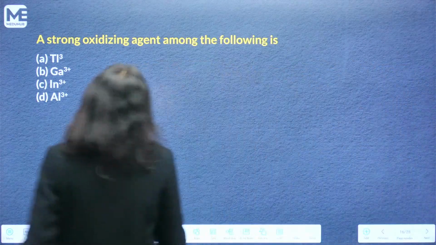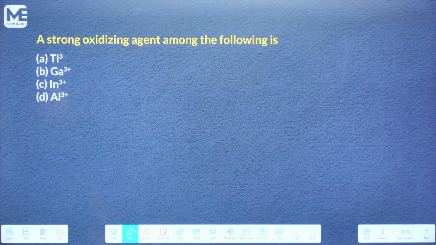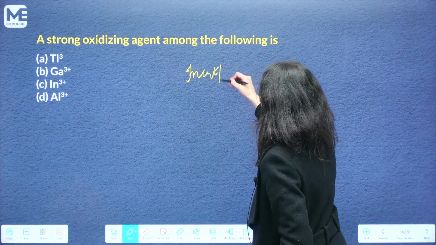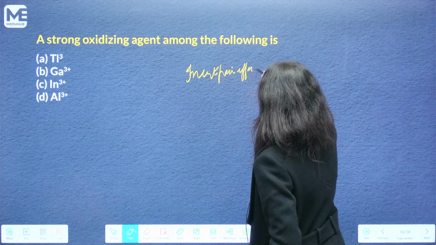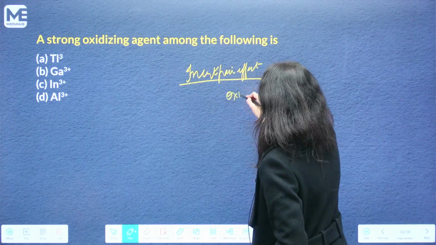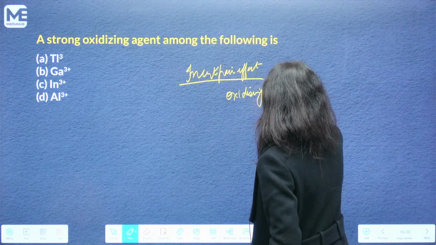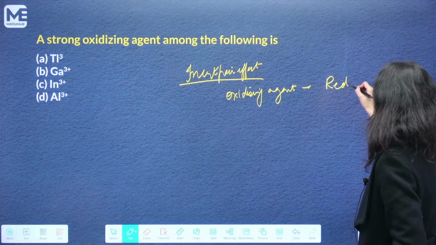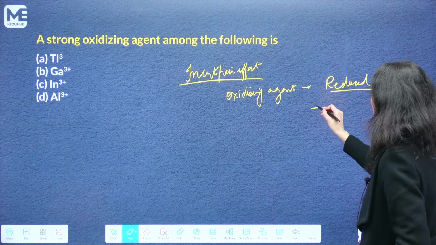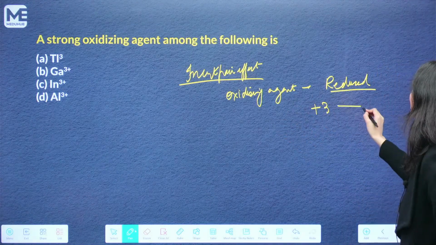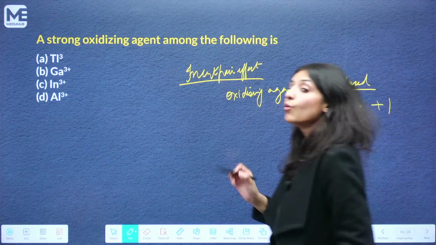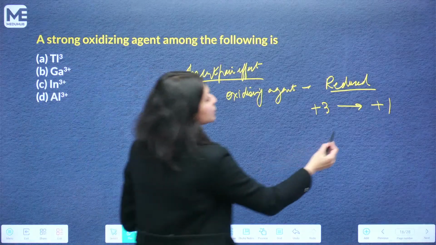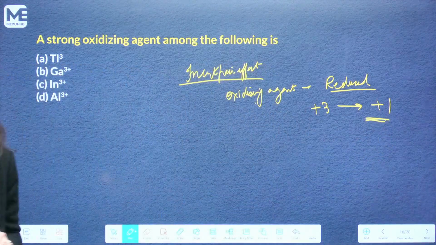Next, a strong oxidizing agent among the following is. This is an interesting application of the inert pair effect. If something is an oxidizing agent, in itself it would get reduced. So if something is in a +3 oxidation state, it would get reduced to a +1 oxidation state. Only a compound which prefers to be in a +1 oxidation state would be a good oxidizing agent.